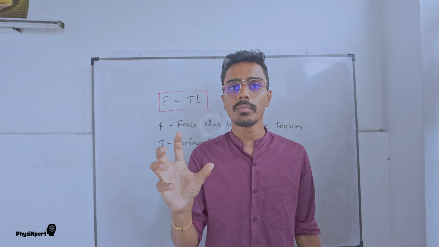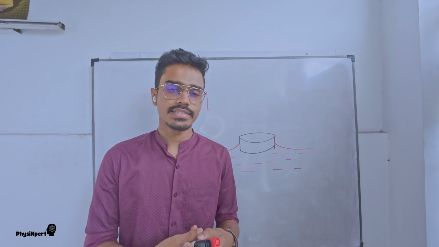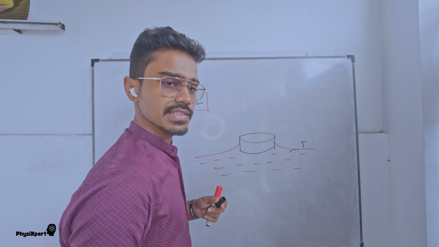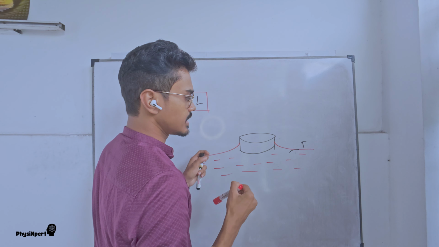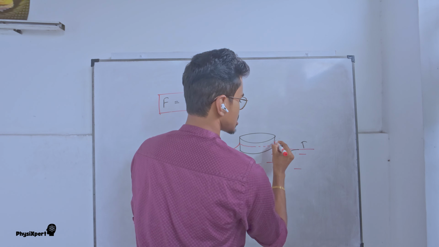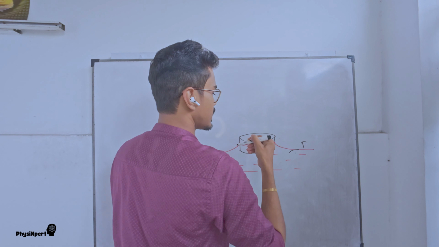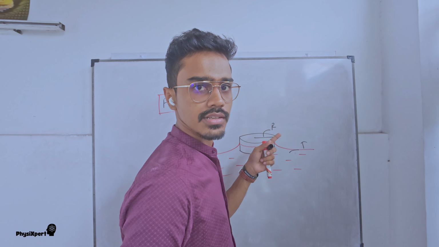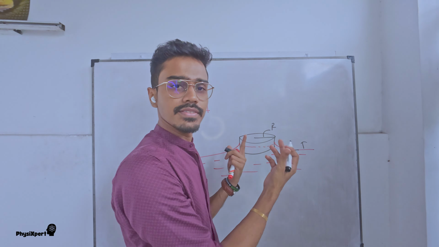Say we have a coin floating on a liquid like this. Let's assume the surface tension of the liquid is T. The contact length can be written as 2 pi r, the circumference of the coin, if the radius is r.